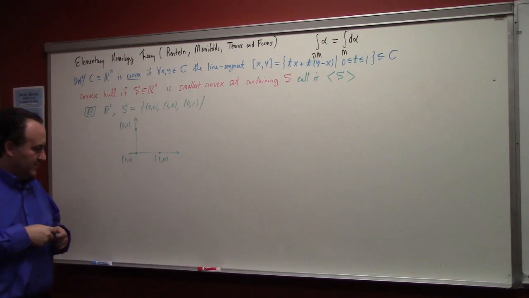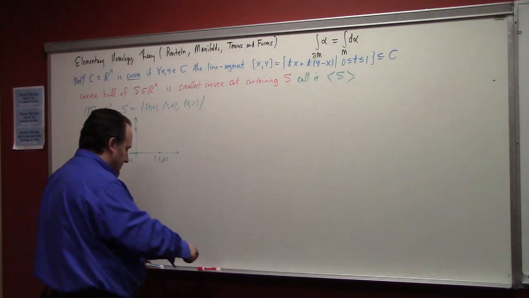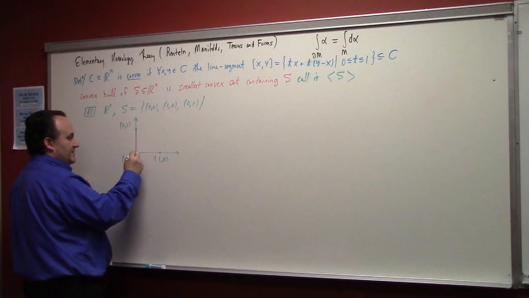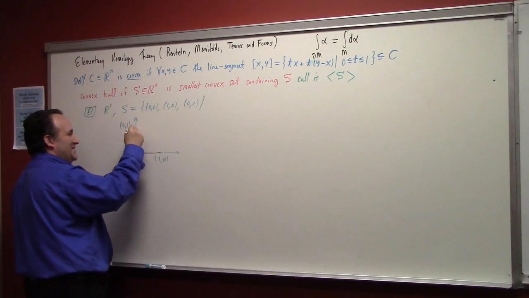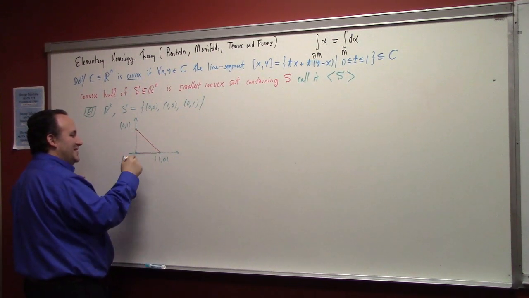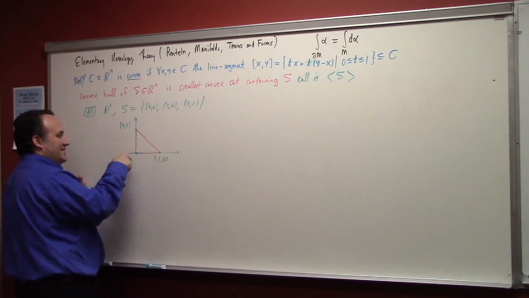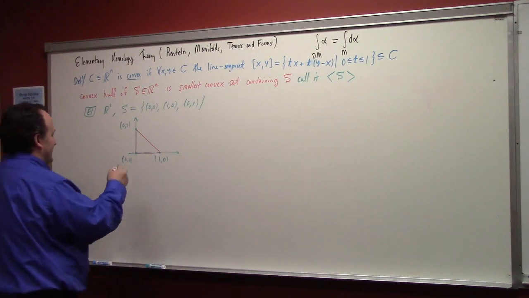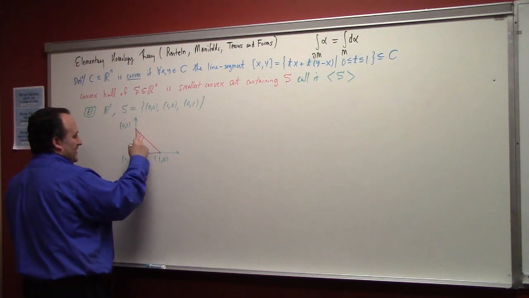Would it be the triangle? Yes. But what do we mean when you say the triangle? This is always an issue. Do you just mean the union of the edges, or do you mean the solid? The solid, the shaded-in triangle? Yes, indeed. Exactly. That would be the convex hull.